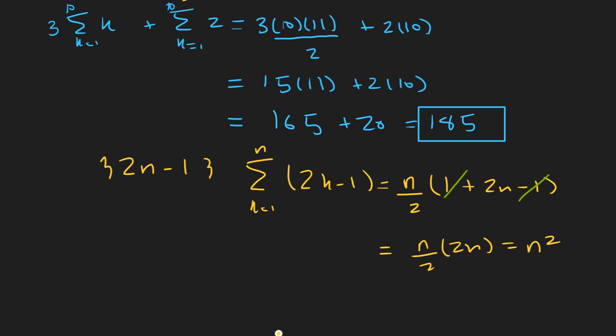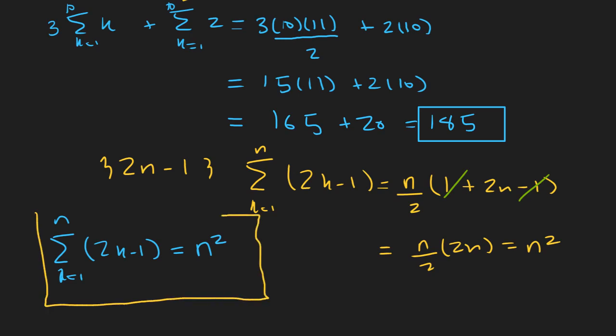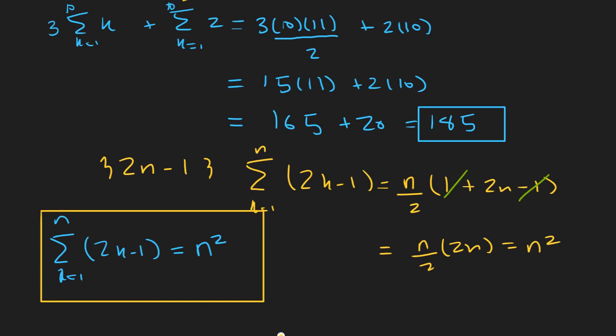So we have a formula that defines what happens if we add from k equals 1 to n for an odd number sequence, 2k minus 1, and the formula is n squared. Then if we were going to add the first 11 odd integers, it would just be 11 squared, which is 121.